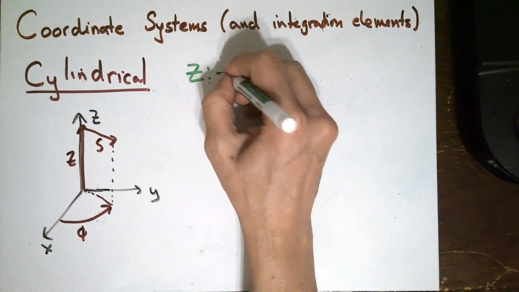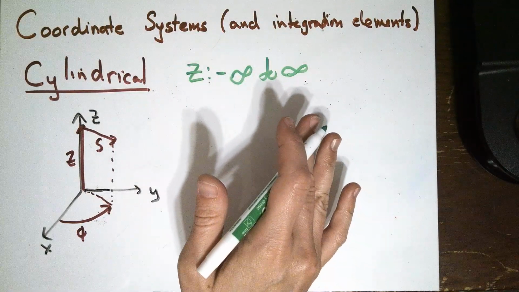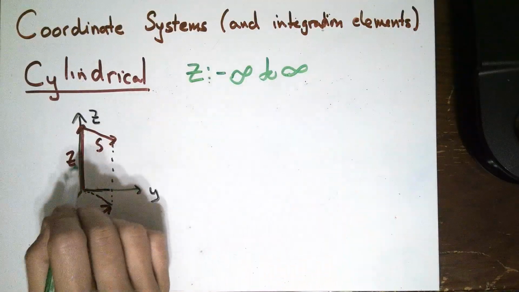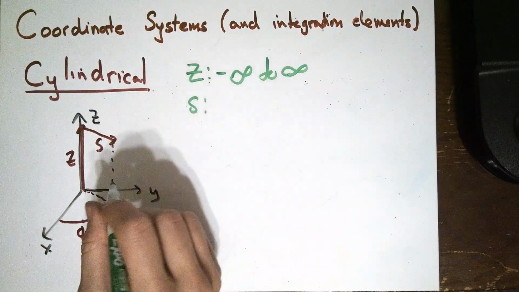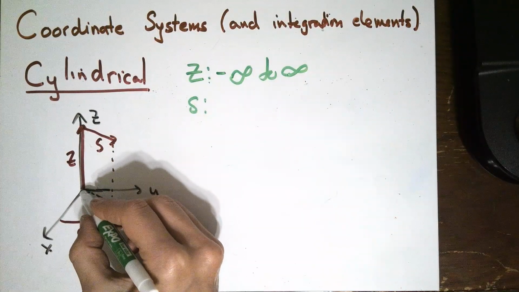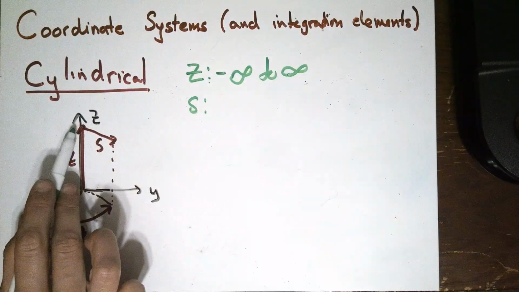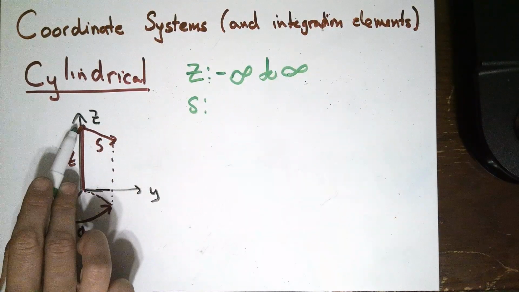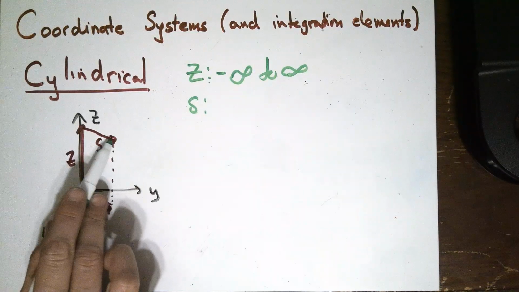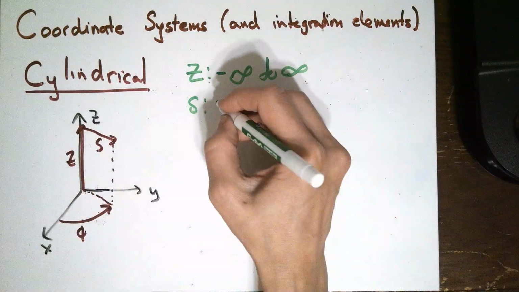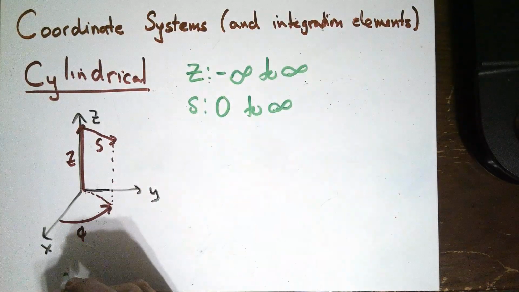And its range is -infinity to infinity, again, just like Cartesian units. s is kind of like the radius, except instead of starting from the origin and going up to the point you're interested in, in this coordinate system it always starts at the height of your point on the z-axis, and it measures straight out from the z-axis. But its range is 0 out to infinity.